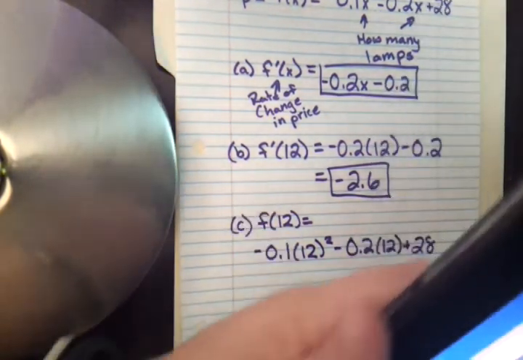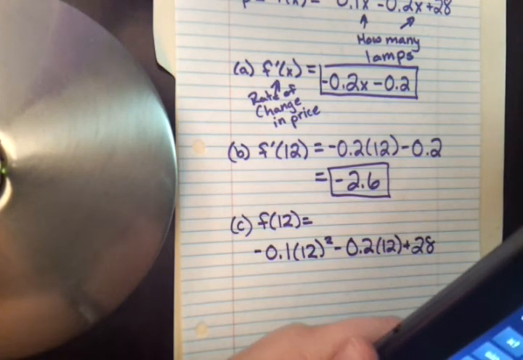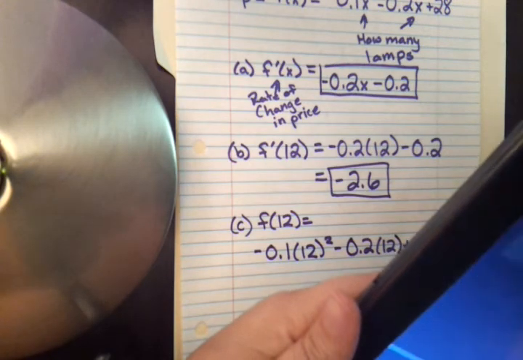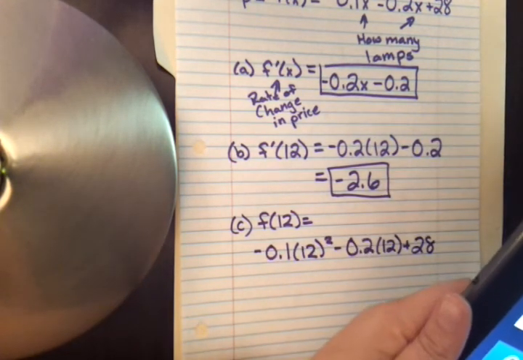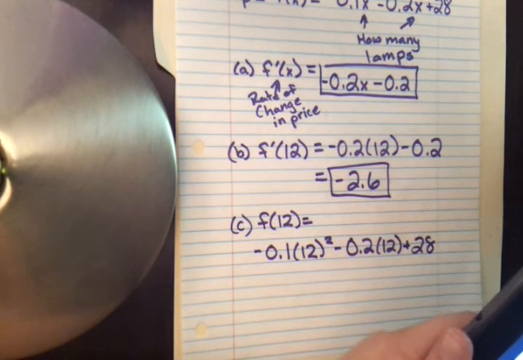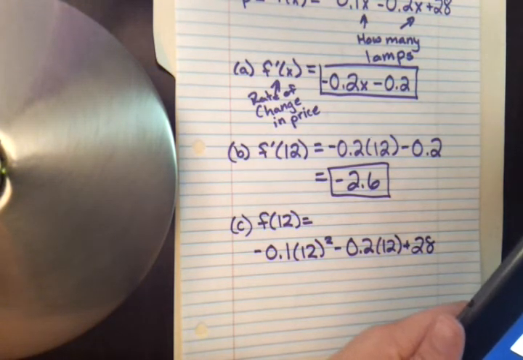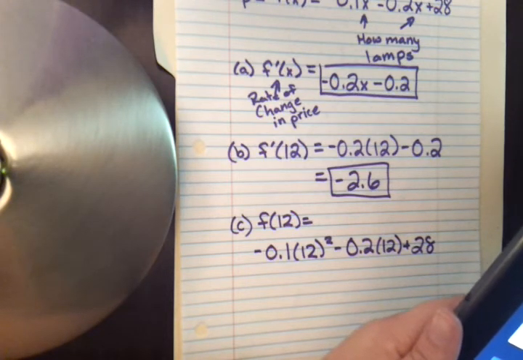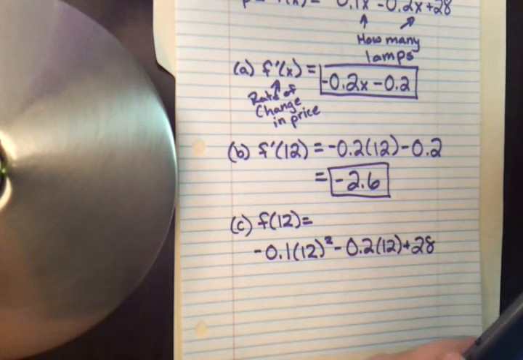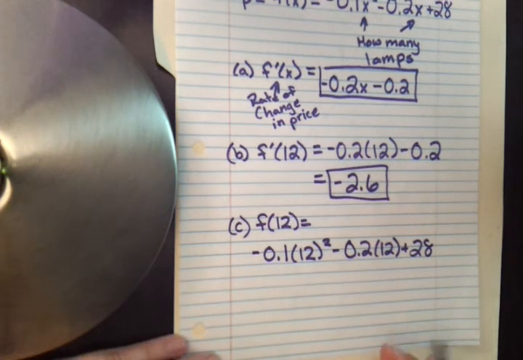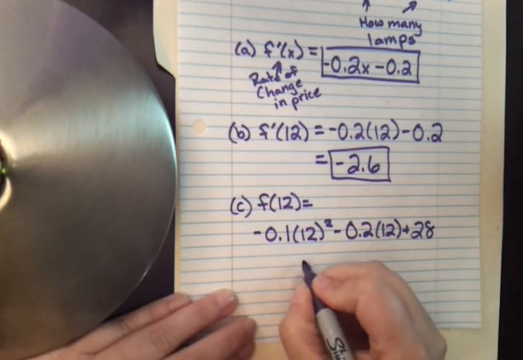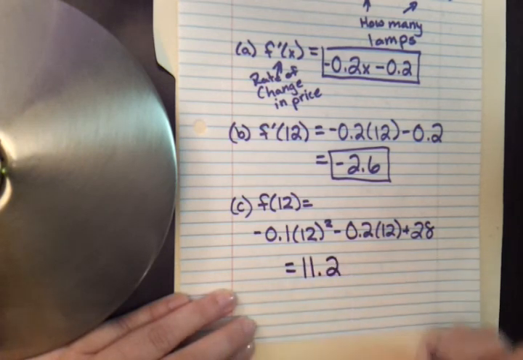Once again, I'm going to make use of my handy-dandy calculator here. I have negative 0.1 times 12 squared, that's 12 times 12, minus 0.2 times 12 plus 28, and I hit enter, and it tells me that the unit price at that level of demand, if we plug in 12, is 11.20.